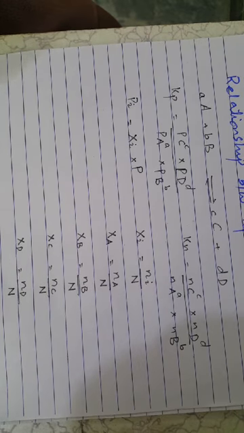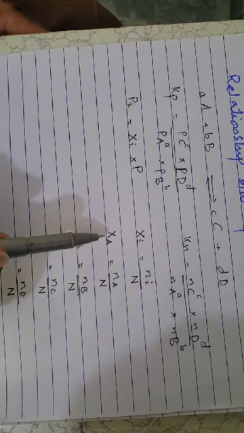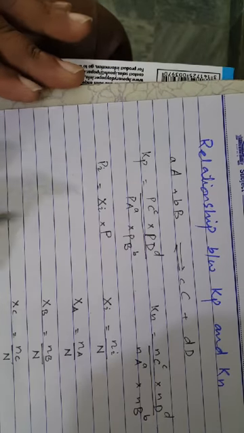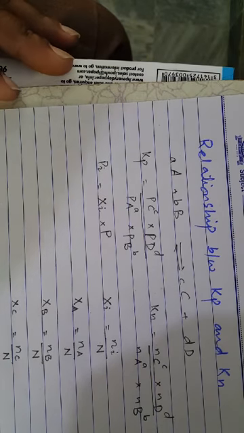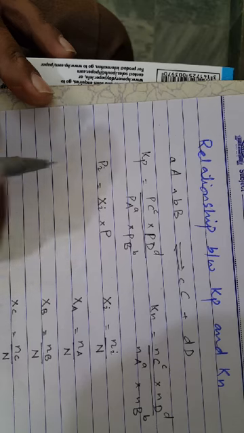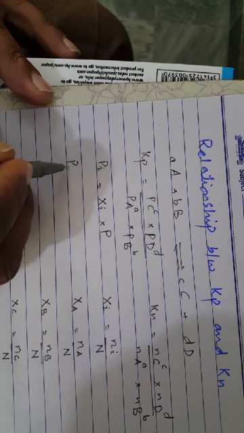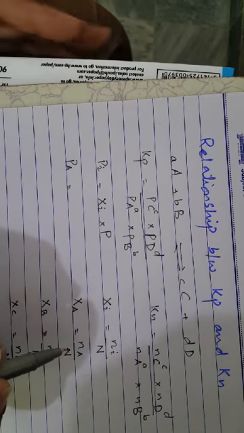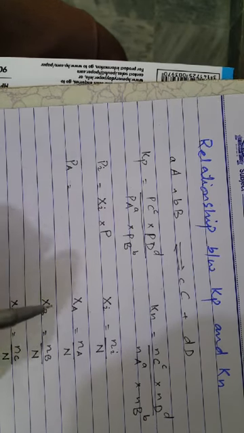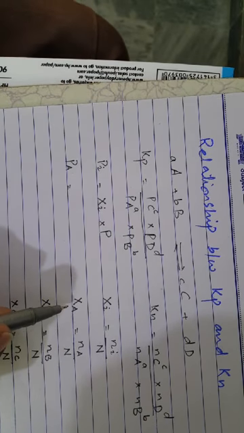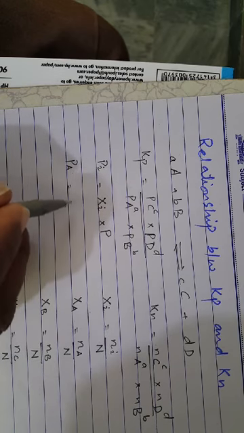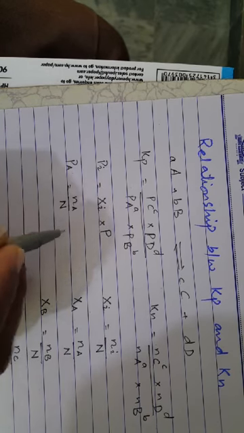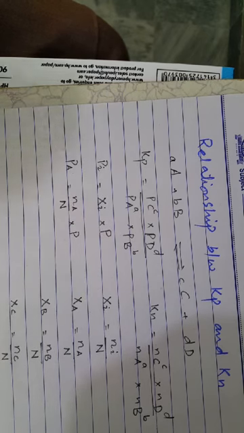Now we shall put these values, mole fraction of A, B, C and D, in this equation to calculate the partial pressure of A, B, C and D. Partial pressure of A will be equal to mole fraction of A into total pressure, and we have noted the mole fraction of A gas is equal to number of moles of A divided by total number of moles, into total pressure.